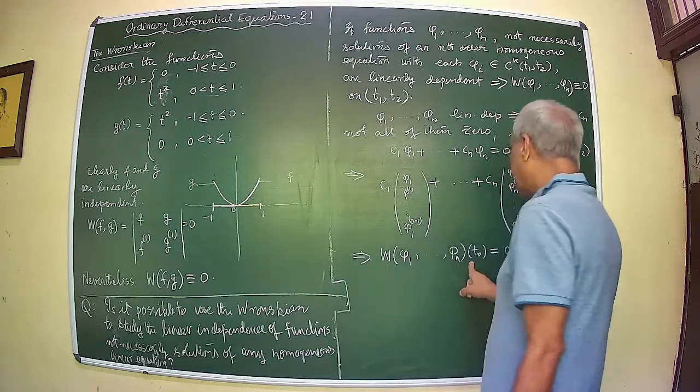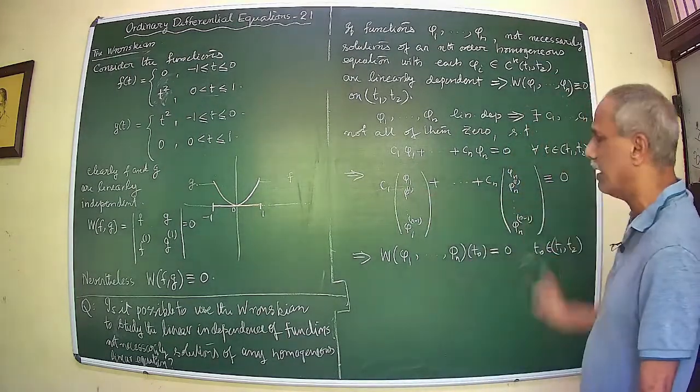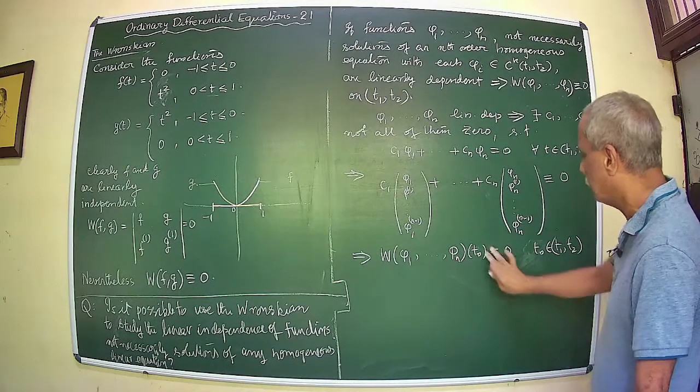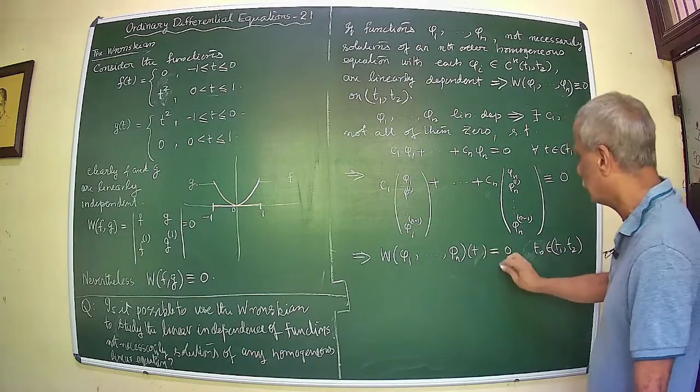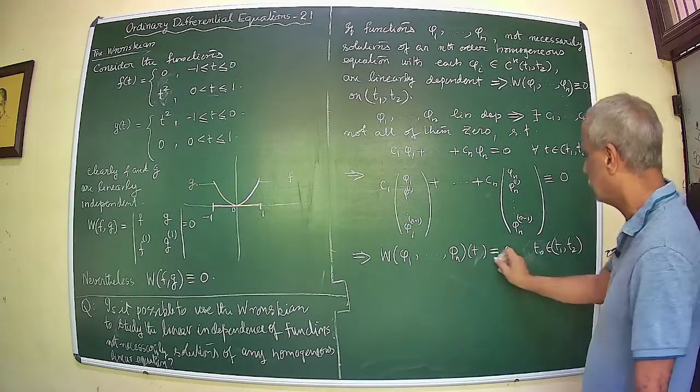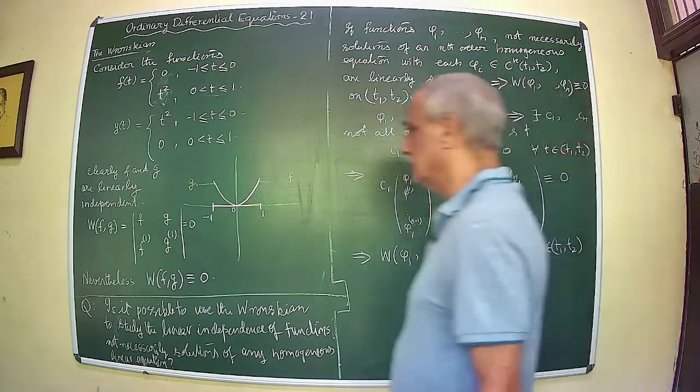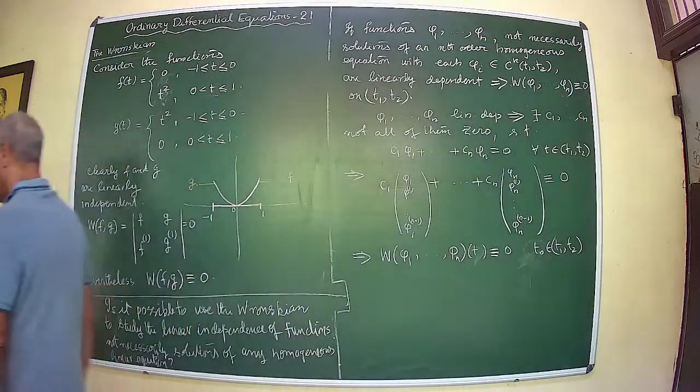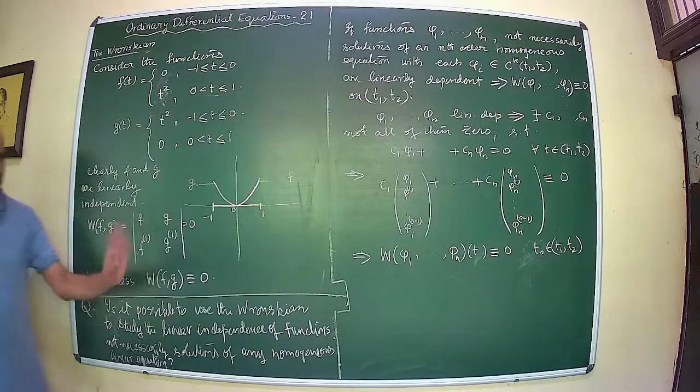But t naught can be arbitrary because this relation is valid for every t. Therefore, it follows that W is identically equal to 0. So that is quite easy to prove.